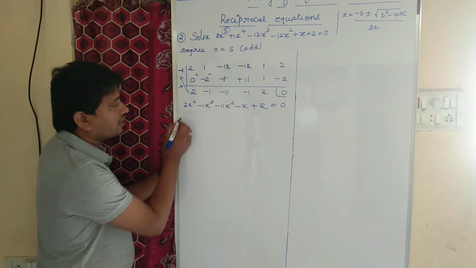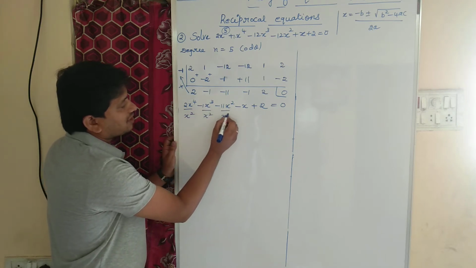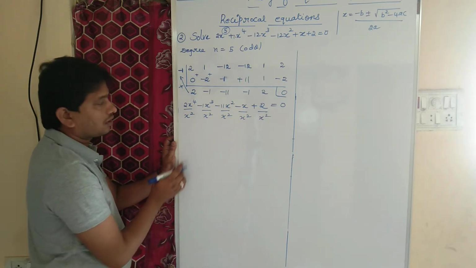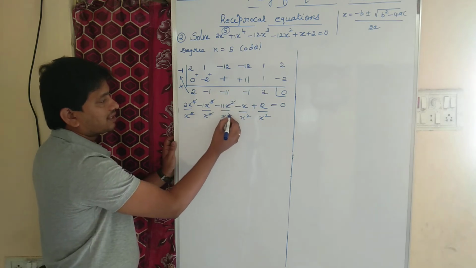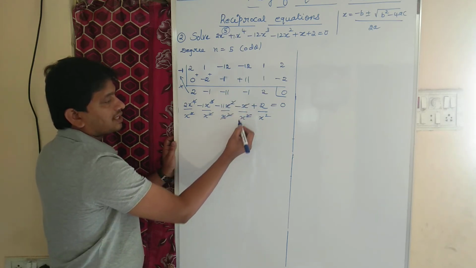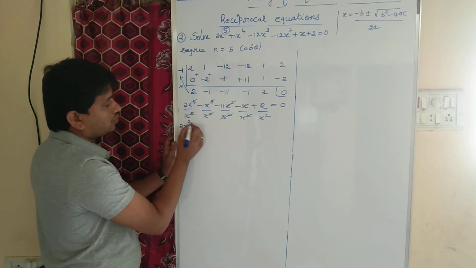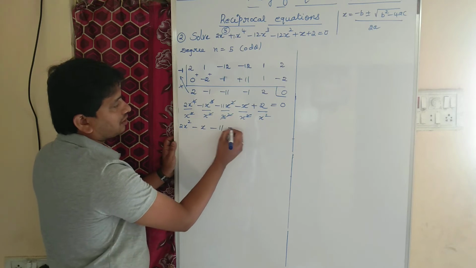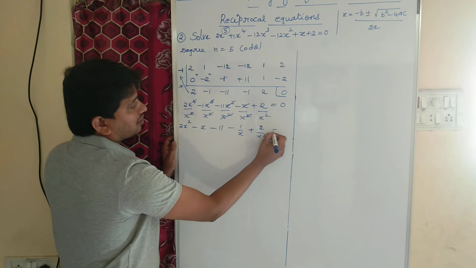Yes or no, children? We divide by x square, and we get 2x square minus x minus 11 minus 1 by x plus 2 by x square equal to 0.